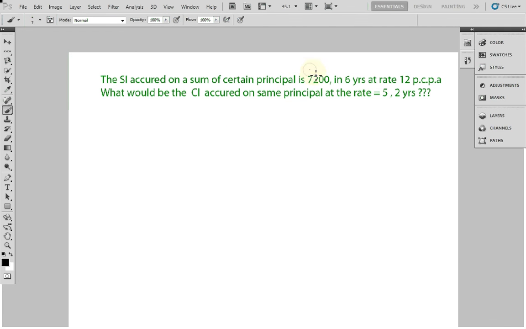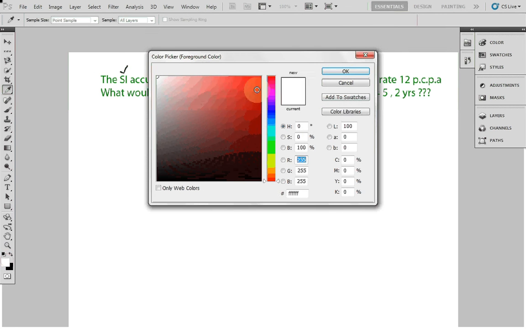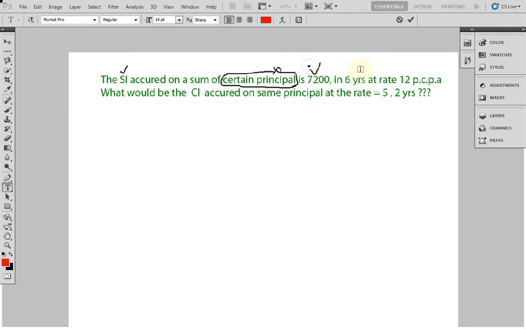Here simple interest is given, principal is not given. Okay, he said that SI has occurred on a sum of certain principal. You didn't know the value of the principal. It was certain principal, he said, is 7200. This is nothing but the simple interest. Okay, are you getting me?